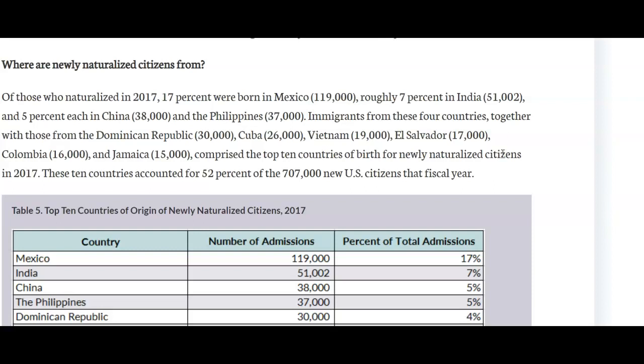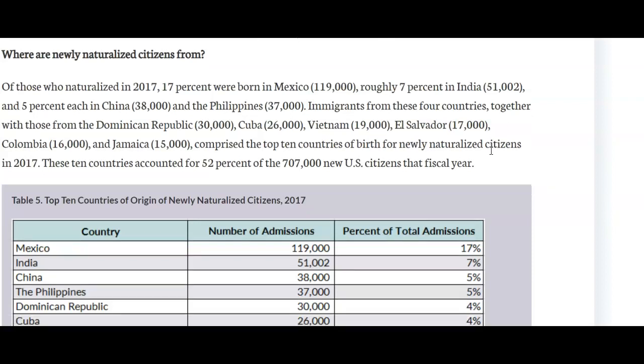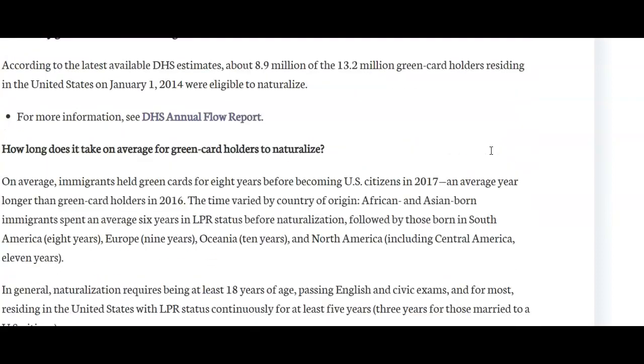Immigrants from these four countries, together with those from the Dominican Republic, 30,000, Cuba, 26,000, Vietnam, 19,000, El Salvador, 17,000, Colombia, 16,000, and Jamaica, 15,000, comprised the top 10 countries of birth for newly naturalized citizens in 2017. These 10 countries have accounted for 52% of the 707,000 new citizens that fiscal year.